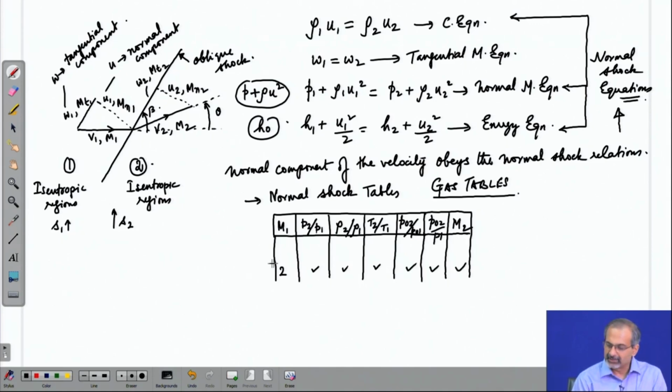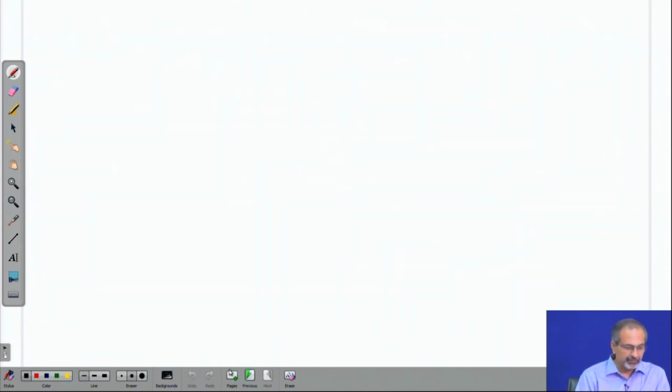So, if you can get these values from the normal shock tables, you just look at the normal component of the velocity coming from the free stream side and do the calculations accordingly using these tables, and you are done with the calculations basically. Once you are done, let us say when you look at M n 1, that is the normal component of the Mach number. So, this is the first thing you work out. For that, what do you need?